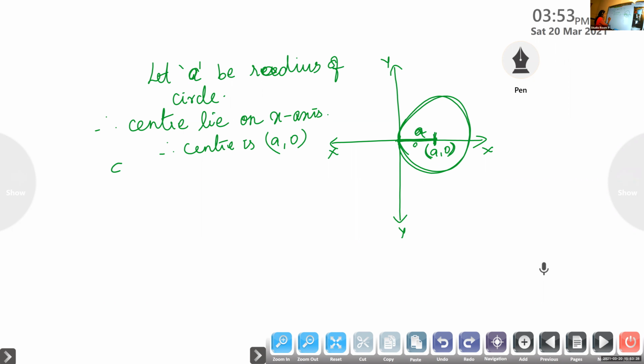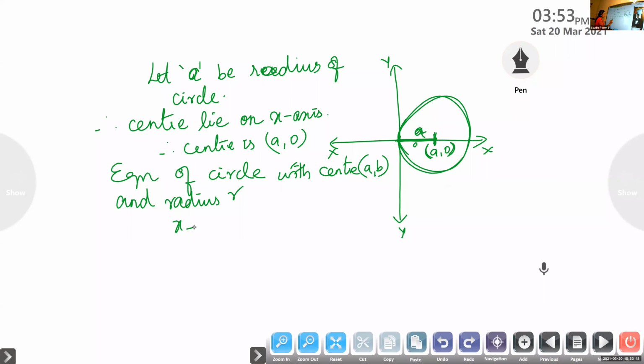Now what is the equation of the circle? With center A, B and radius R, the equation is X minus A the whole square plus Y minus B the whole square is equal to R square.